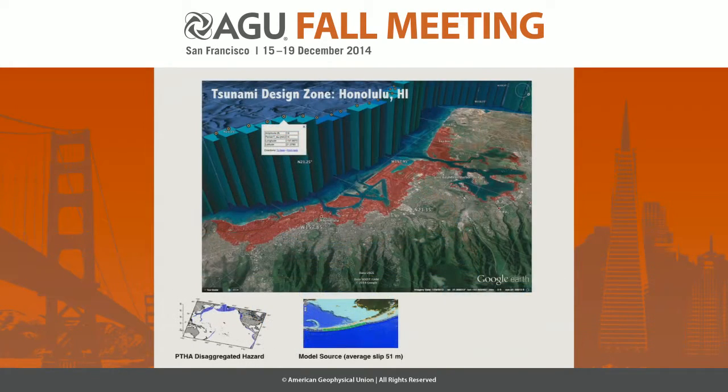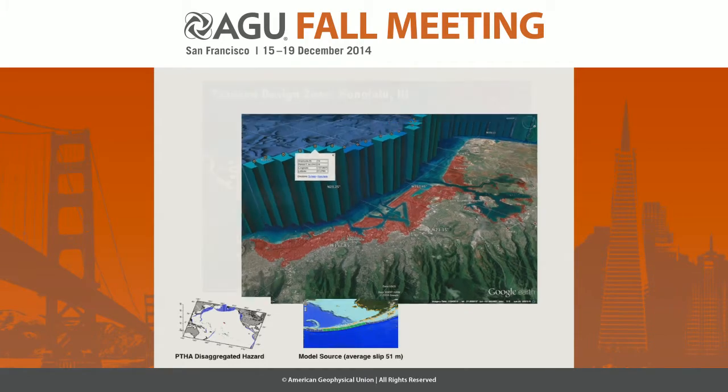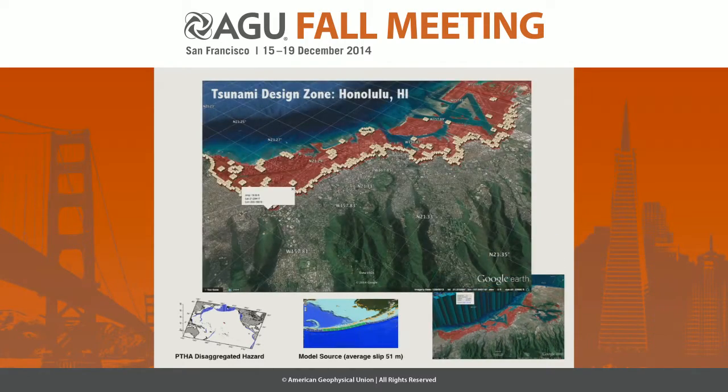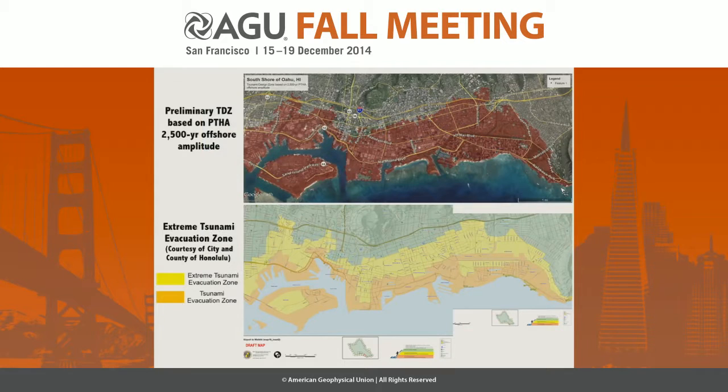And this is Honolulu, south shore of Oahu, and you can see the disaggregation shows that the source should be coming from the Aleutian Islands. These are the run-up heights. And what's interesting is to compare the tsunami design zone with the extreme tsunami evacuation zone recently developed in Hawaii.